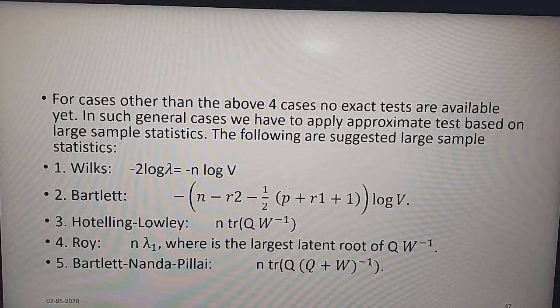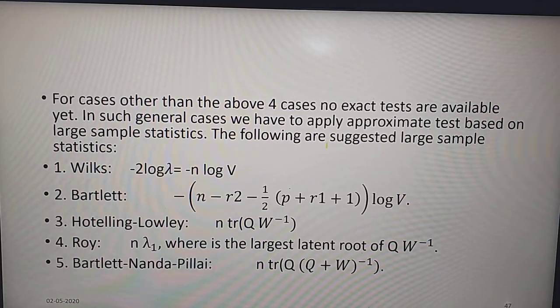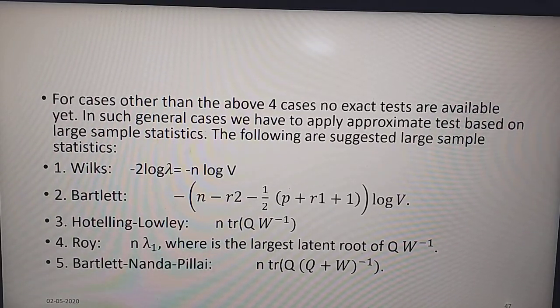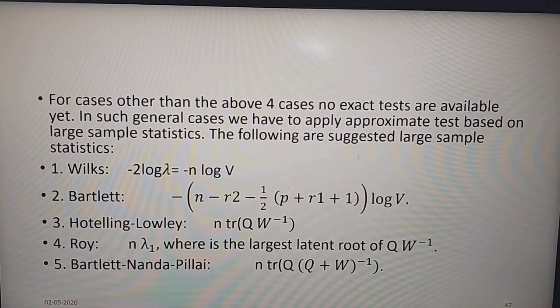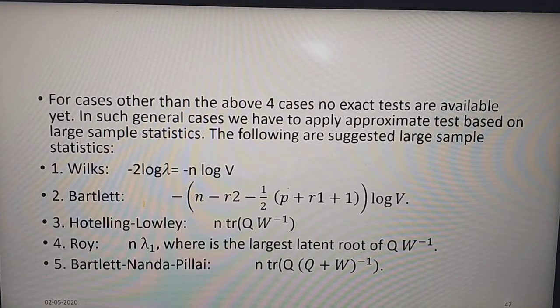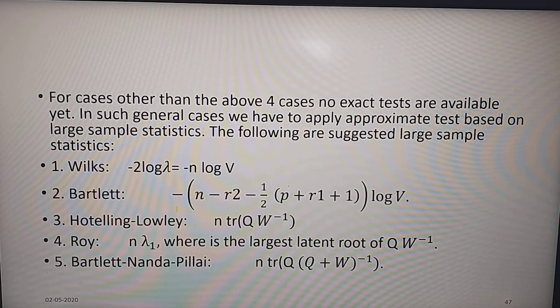So in such cases, we have to apply approximate tests based on large samples. So large sample statistics. The following are suggested large sample statistics. Different statisticians have suggested some large sample statistics which will be used for testing H0.